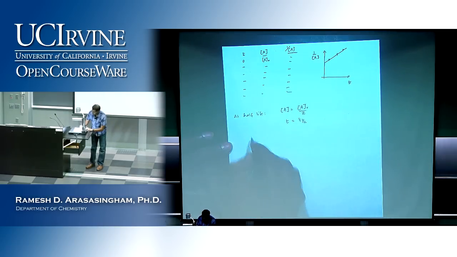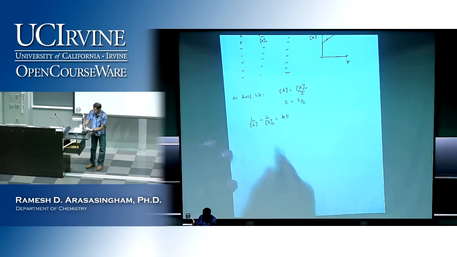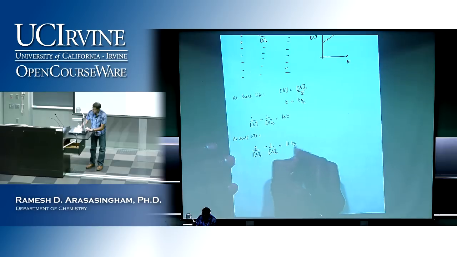And so if I go to 1 over A minus 1 over A0 equals Kt, and we know if I take this equation that I started with at half-life, now I'm going to replace this A with that term, so what I'll have is 2 over A0 minus 1 over A0 equals K T half.